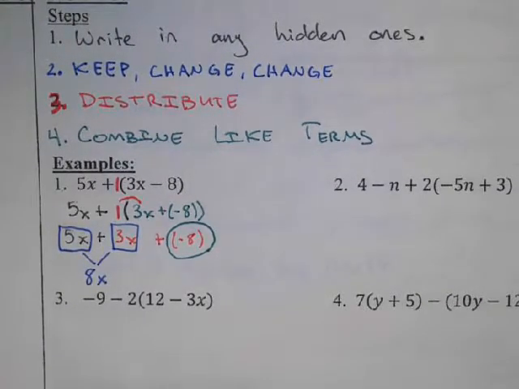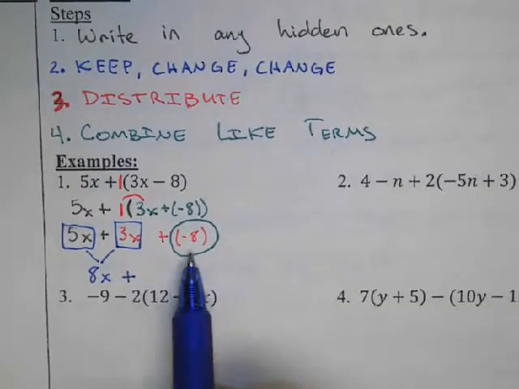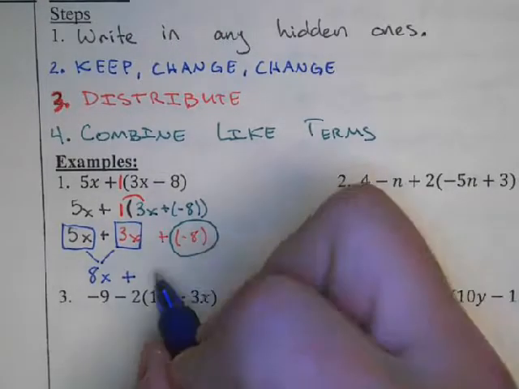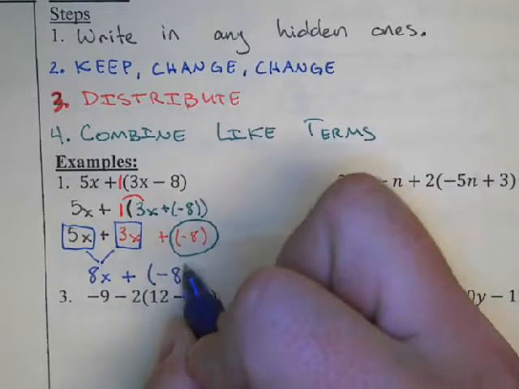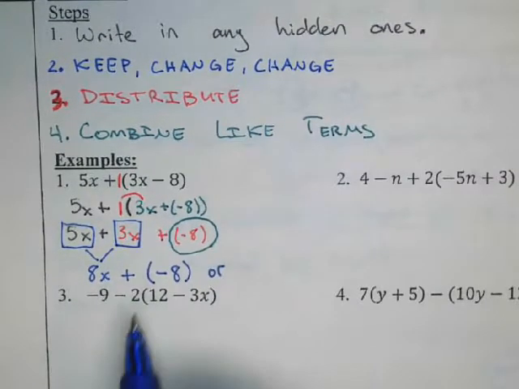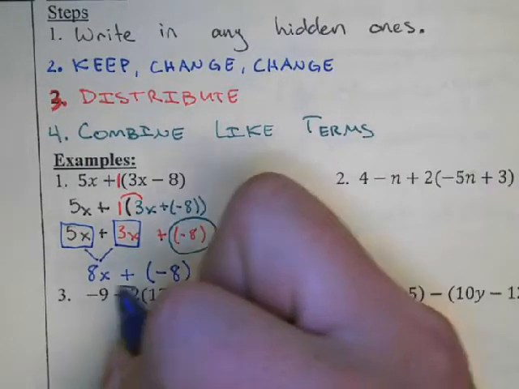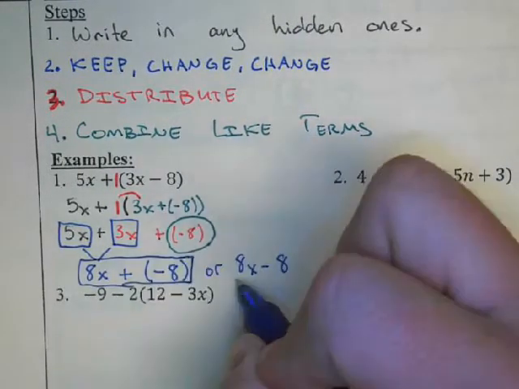Then we'll bring down our plus sign. And is there anything to combine the negative 8 with? There is not, so we can bring that down. And we have 8x plus a negative 8. Or, since it's plus and minus, we can think of it as 8x minus 8. Either one of these is correct.